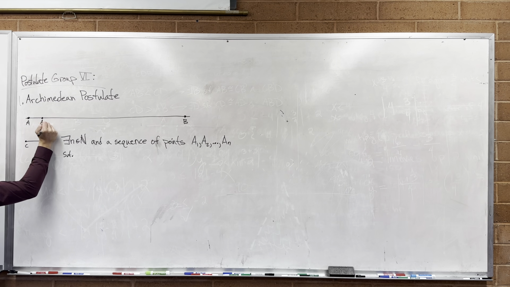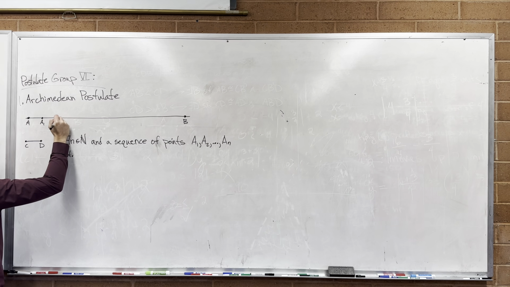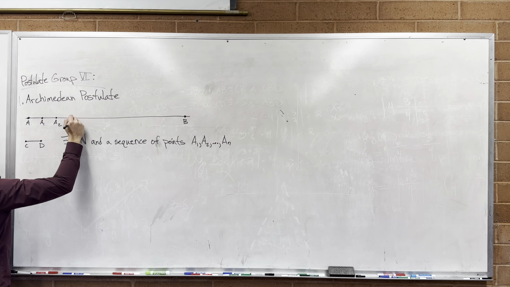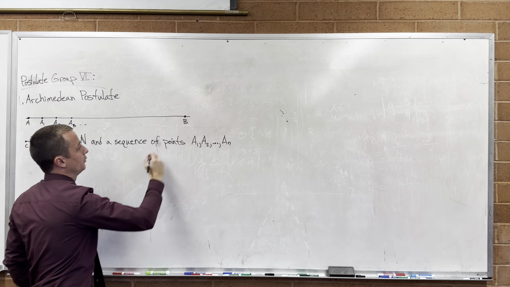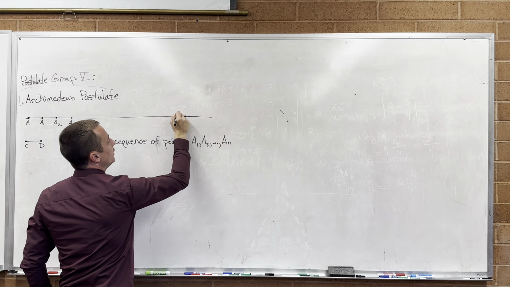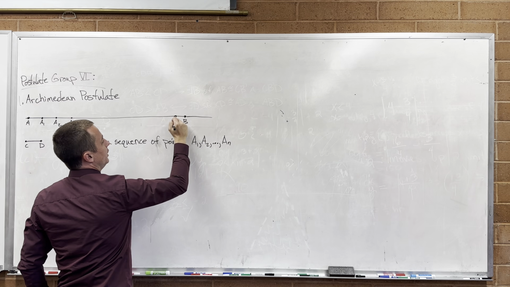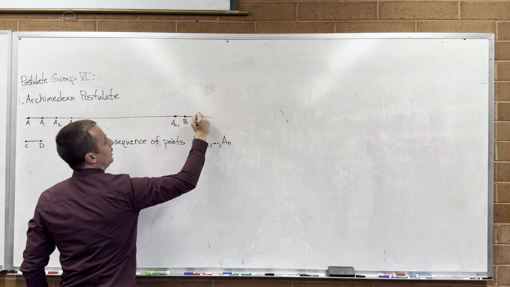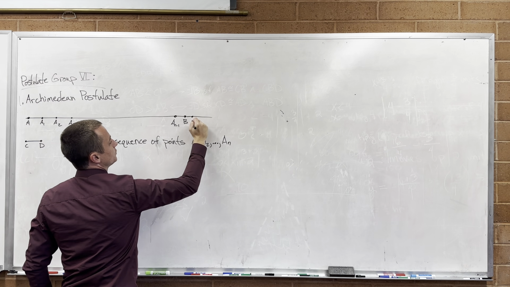So here's A1, here's A2, here's A3, dot, dot, dot, coming all the way down. Here's A sub n minus 1, our second to last point, and then here's our last point, A sub n.